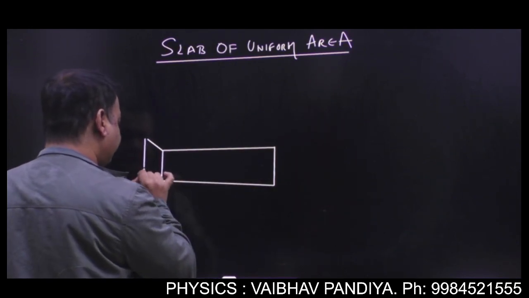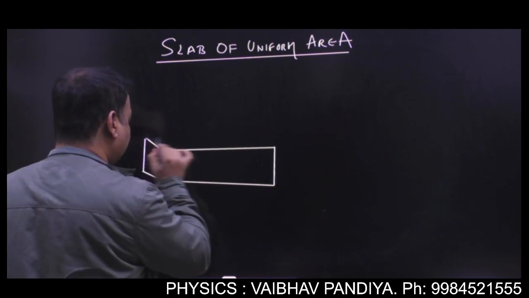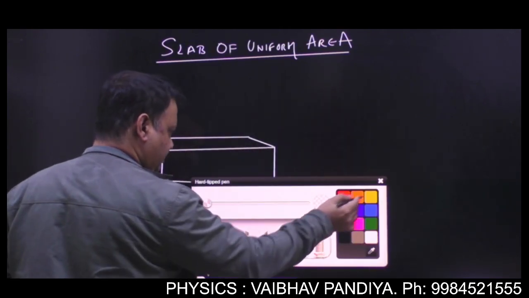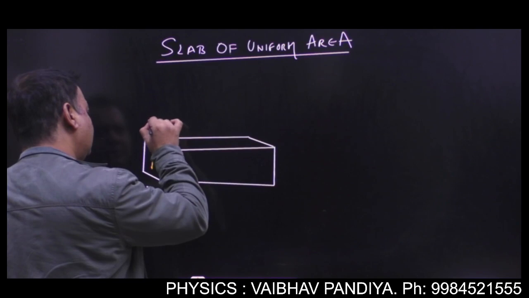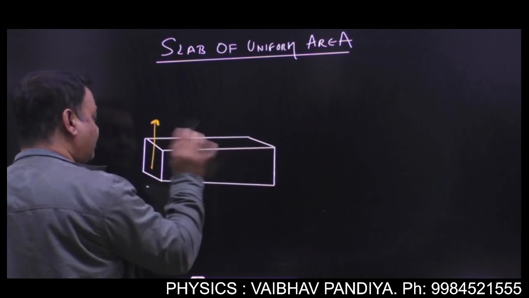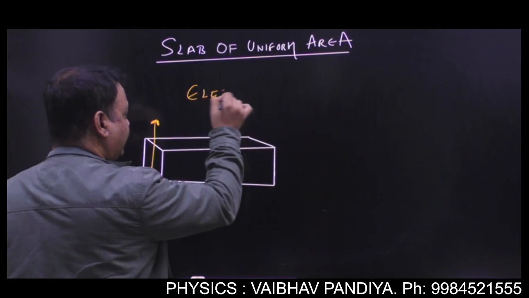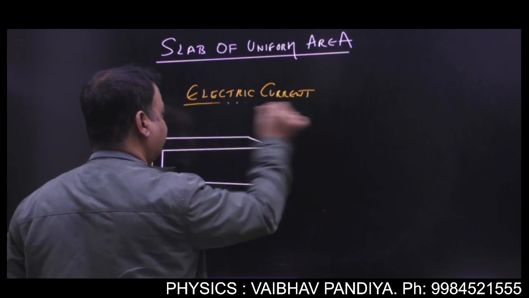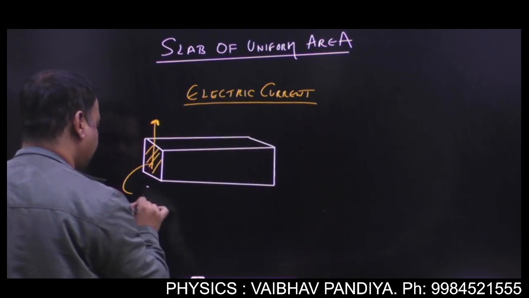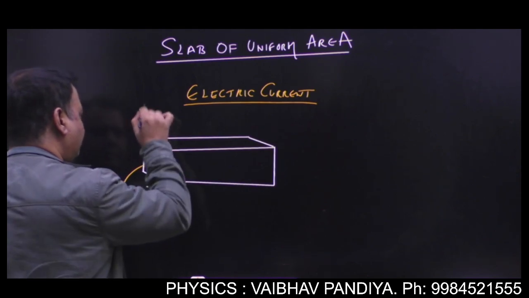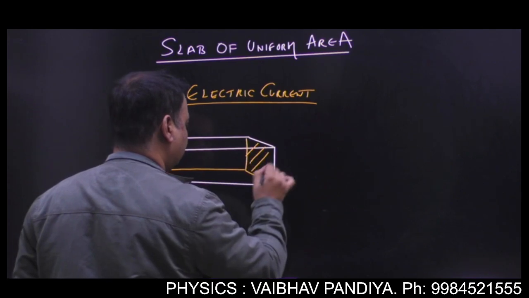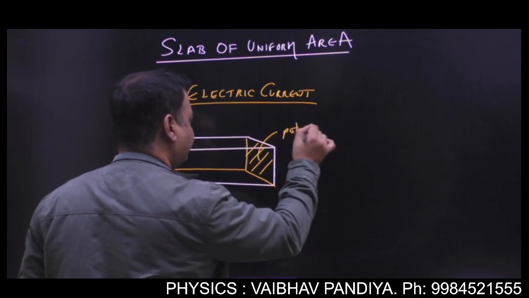So suppose we have a slab like this, okay, and right now I'm talking about electric current. This is the area, and here the potential is V1, and on this surface the potential is V2.